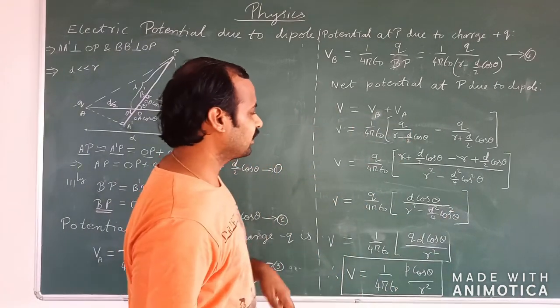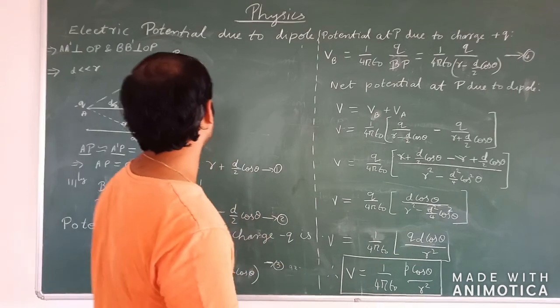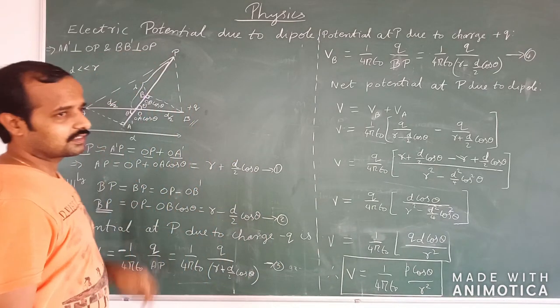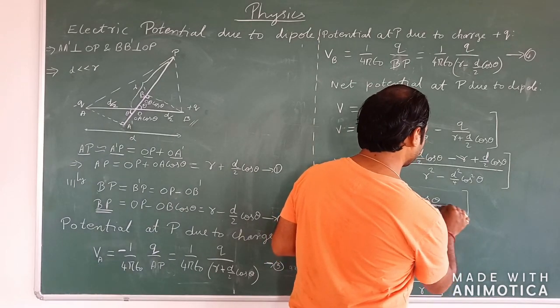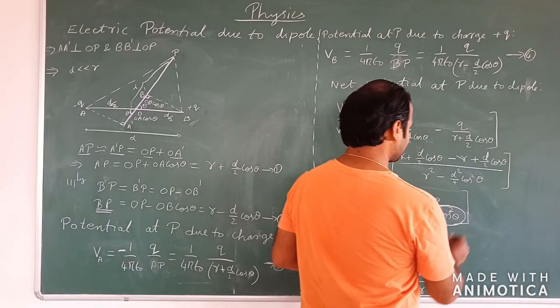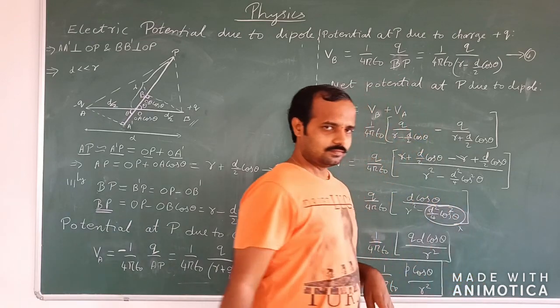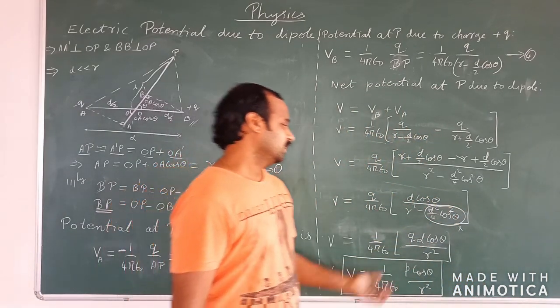Now we have an assumption which we had already made, that R is very much greater than the length of the dipole. In which case I can ignore D square cos square theta, because it is a negligible quantity.